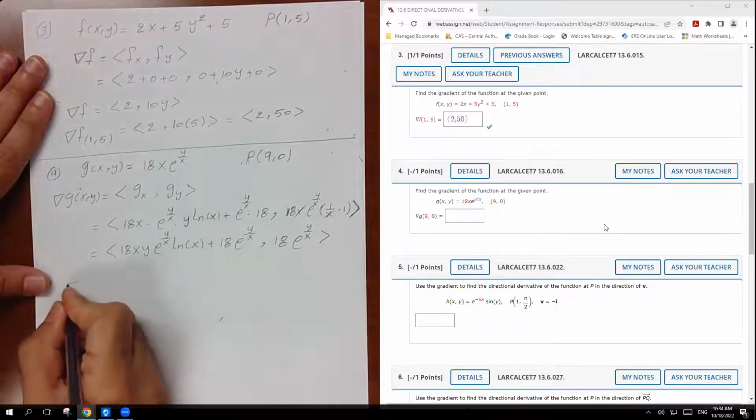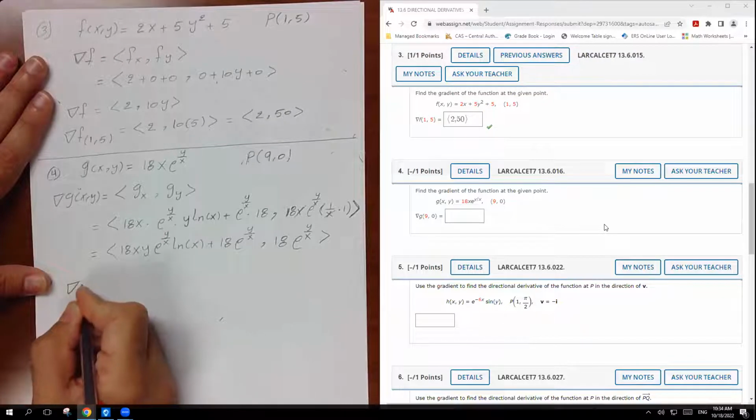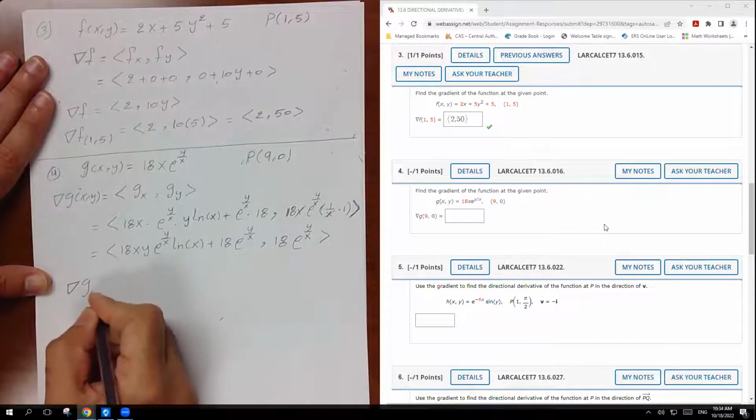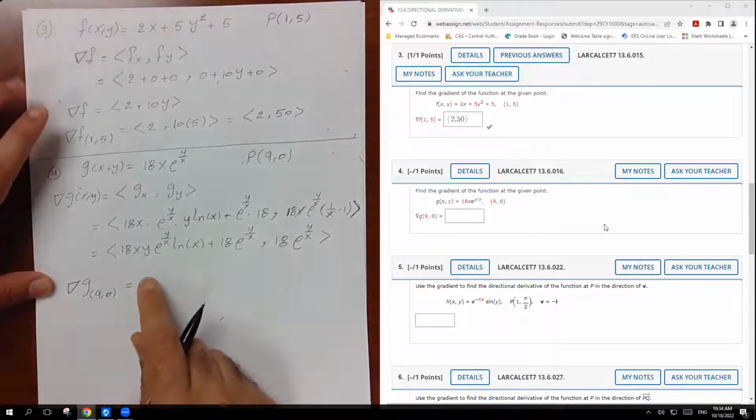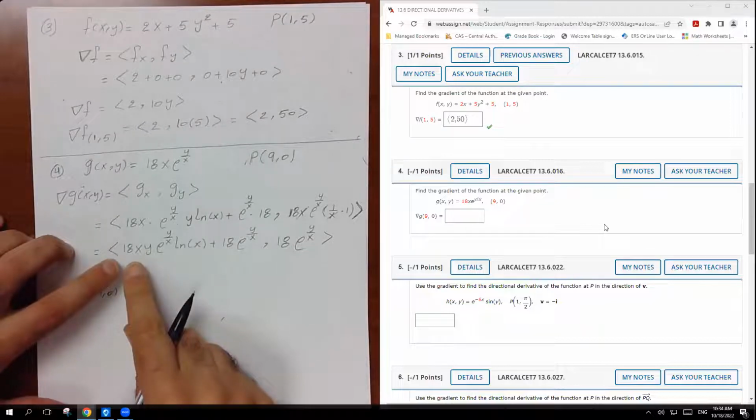Now to find the gradient of g at the point 9, 0, we're just going to plug in 9 and 0 here.